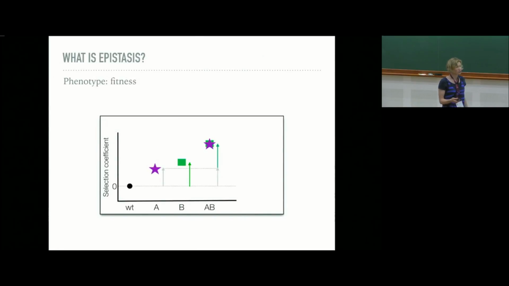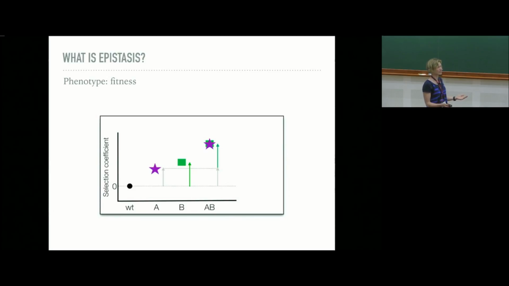When I talk about fitness epistasis today, I'm going to use something more like the classical genetics definition of epistasis, but where the phenotype that we're looking at is fitness. Here, for example, we might have a reference strain of our yeast, and then there are two different mutations, and we measure their selection coefficient, and then we can get to an expectation of what the combined selection coefficient would be if this purple mutation happened on top, or the green mutation happened on top of the purple one.